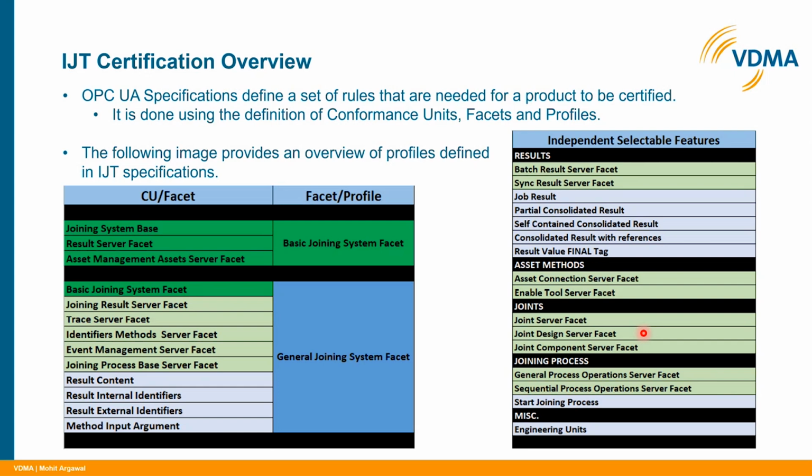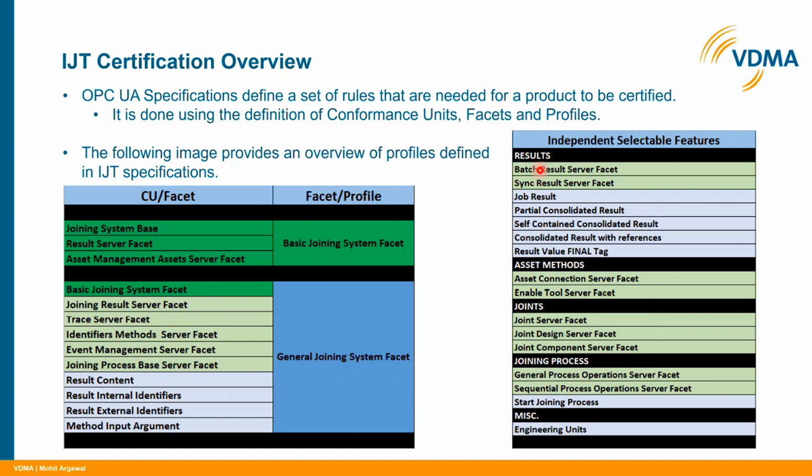I cannot describe them in detail in this meeting because that is a completely broader topic. But from the joining system perspective, we have defined simple profiles where, from a client's perspective, you can say, okay, a tightening tool provider should at least support one of these primary profiles, either the basic profile or a general profile.